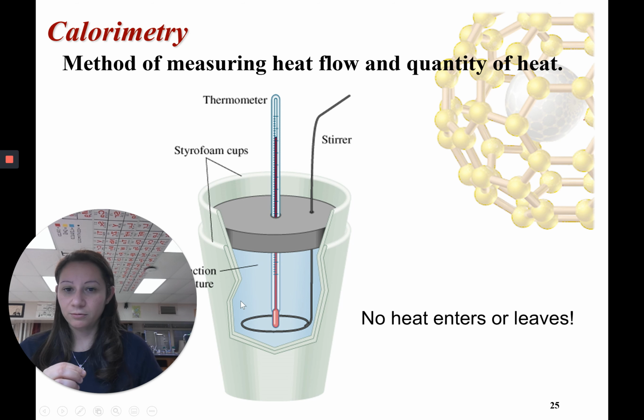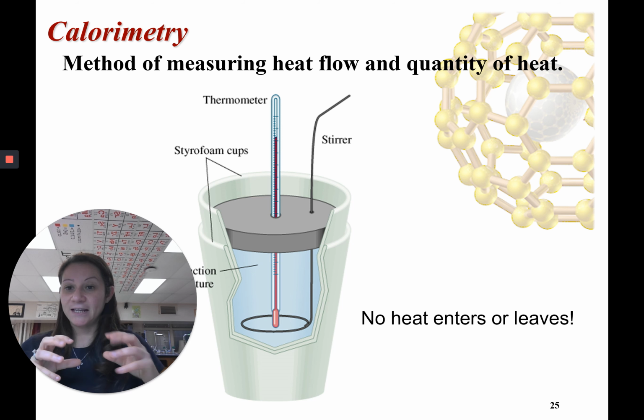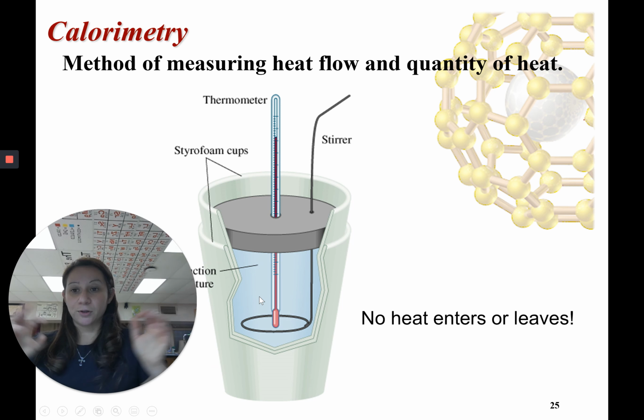There's a chamber that has oxygen in it, and it has a spark. So you light your apple, right? It ignites. As it ignites, it gives off heat. And that chamber that has your apple in it that's burning is surrounded by water, and that is all insulated.